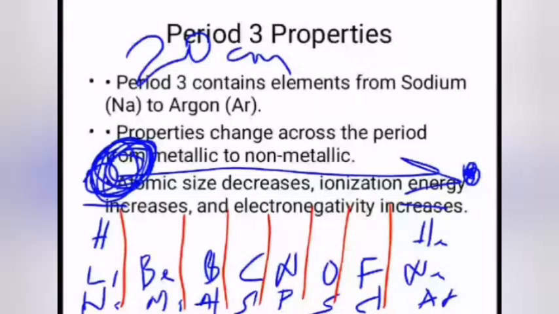What is actually happening is that the number of protons in the nucleus is increasing by 1, 2, 3, 4, 5. So because the number of protons is increasing, the nuclear charge is also becoming stronger.